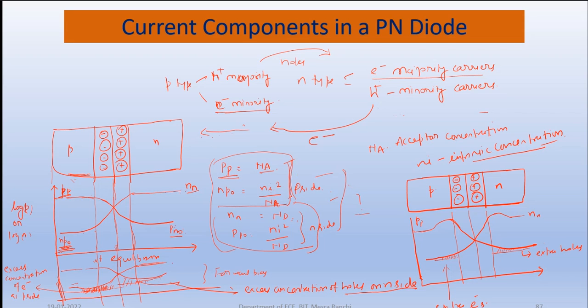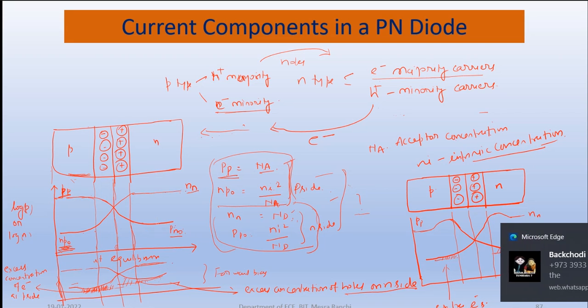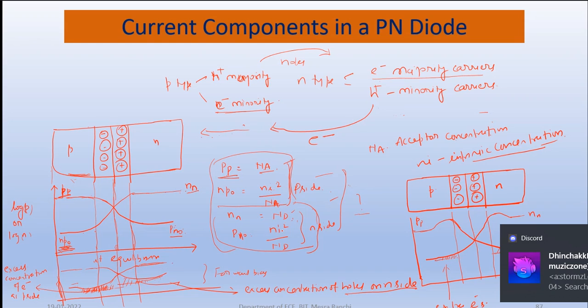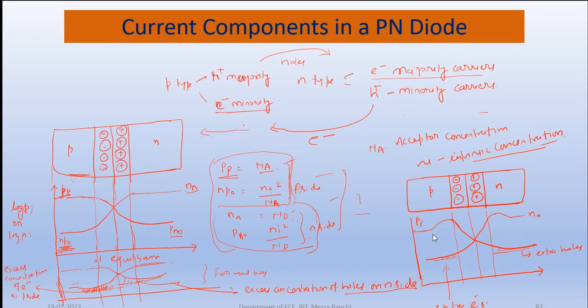Similarly for the n side, Nn will be equal to Nd, and Pn naught will be equal to Ni square by Nd, right, at the n side.